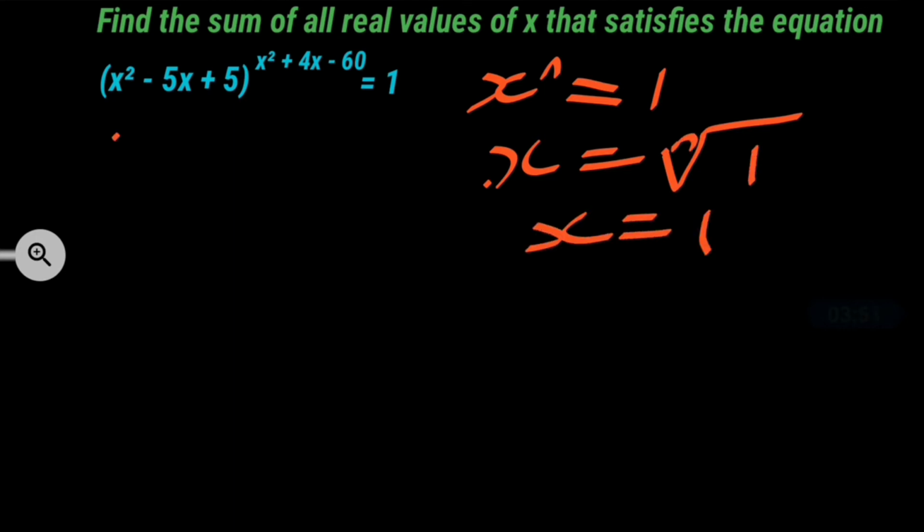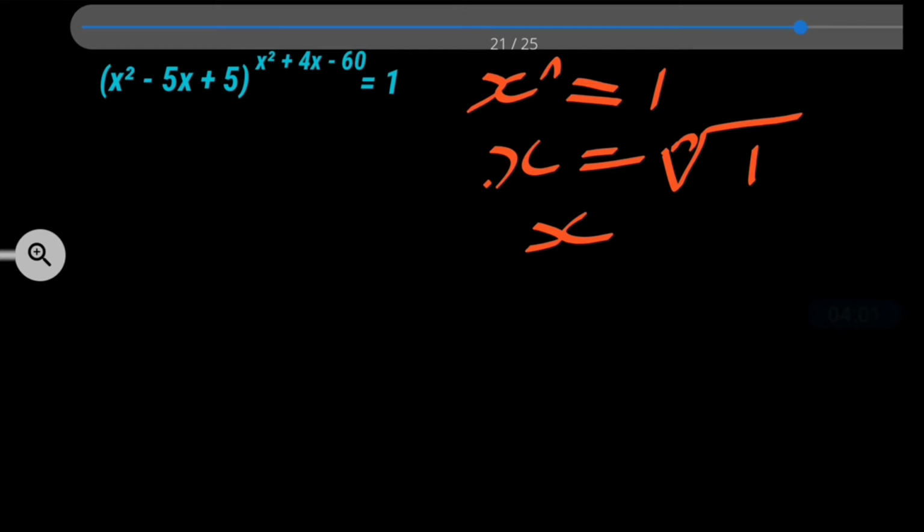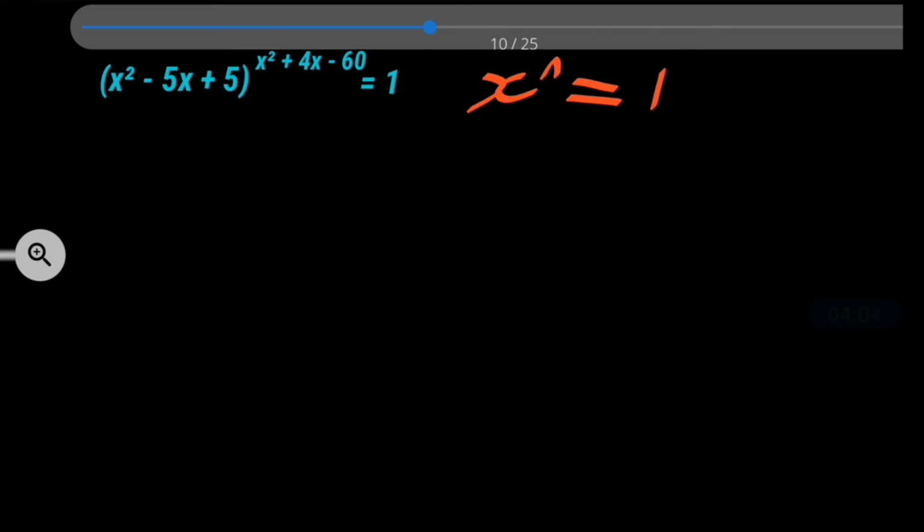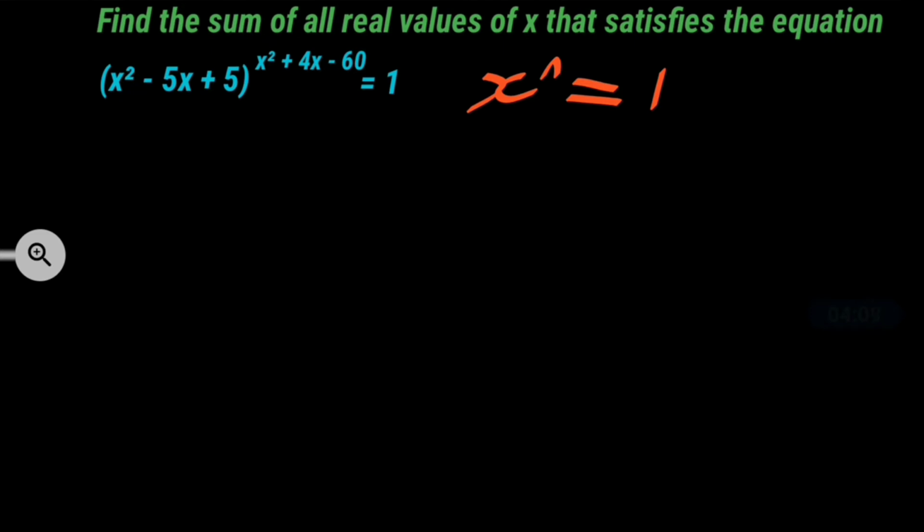If you do that here, taking the (x squared plus 4x minus 60)th root of both sides of the equation, then solve for x, you won't be technically wrong, but you have to ask yourself, will that really give you all real values of x that satisfies this equation? Now, the answer is no, it can't.